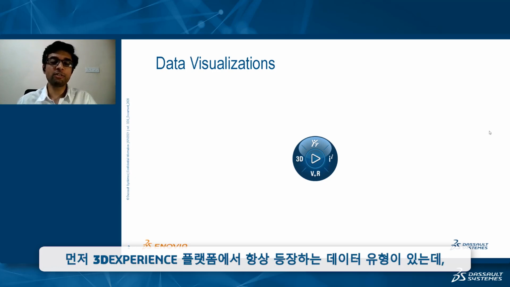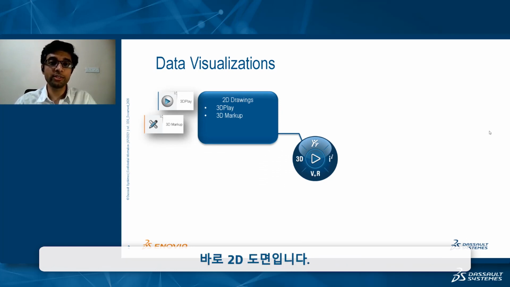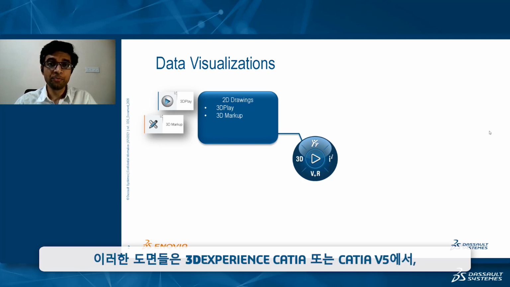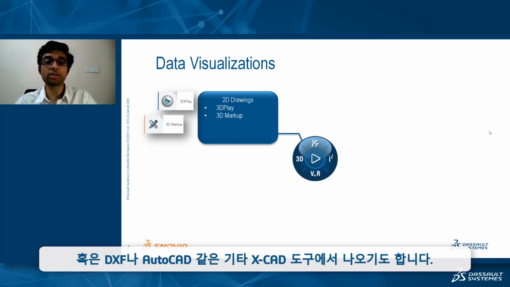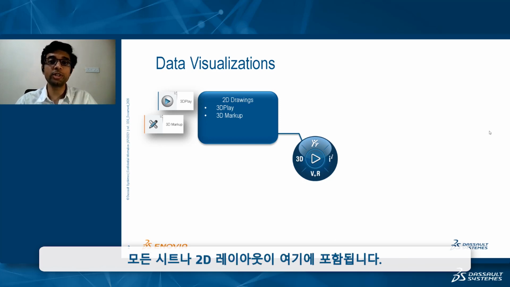To start with, in the 3D Experience platform, one type of data you always encounter is 2D drawings. These drawings might come from 3D Experience CATIA or CATIA V5 or other XCAD tools, DXF or AutoCAD, for example. You need to visualize the content of the drawing, all the different sheets and 2D layouts.